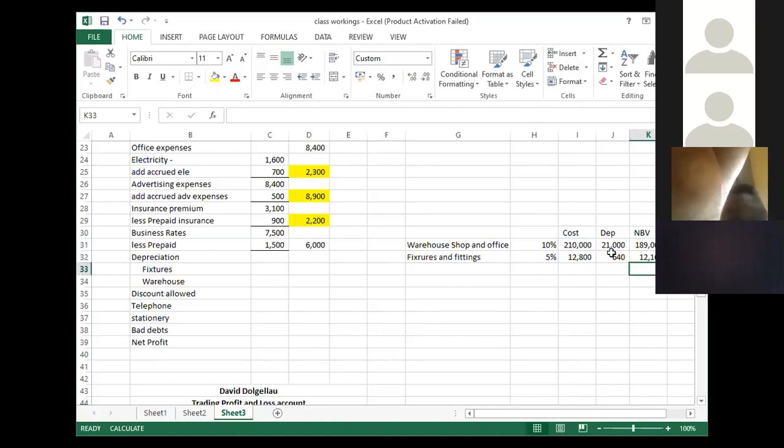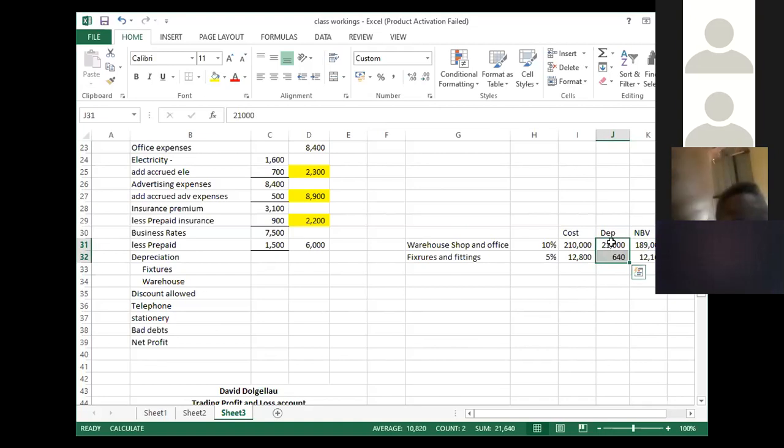Now, listen here. These amounts will go to the balance sheet as new values for the non-current assets that we have. But the amount of depreciation must go to the trading profit and loss as an expense, because that is the amount by which our assets have depreciated in value.